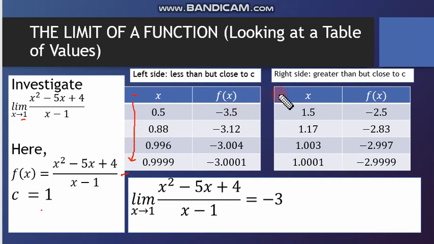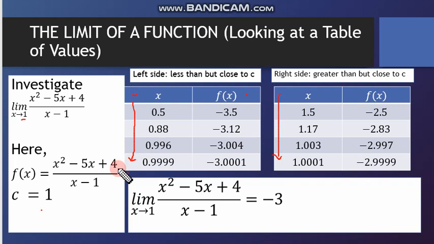At the right side, we will assign values of x which are greater than c, which is 1, but close to it. I assign here 1.5, 1.17, 1.003, 1.0001 in descending order. Okay, so let's get the value of f of x.